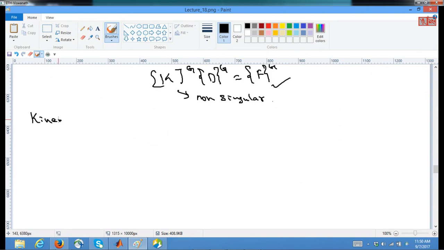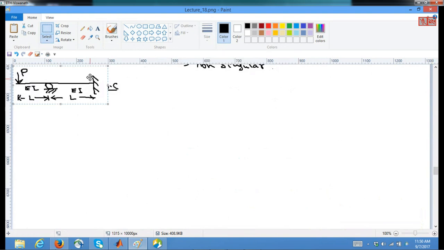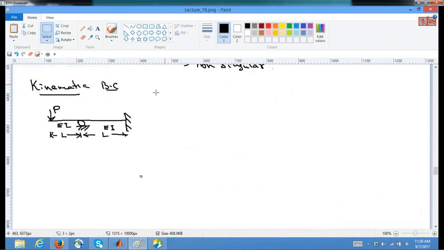When you apply kinematic boundary conditions, we know that for this problem the degrees of freedom are d1, d2, d3, d4, d5, d6.